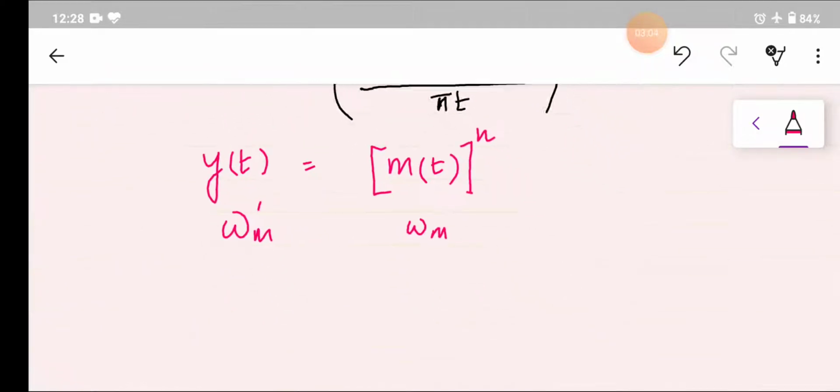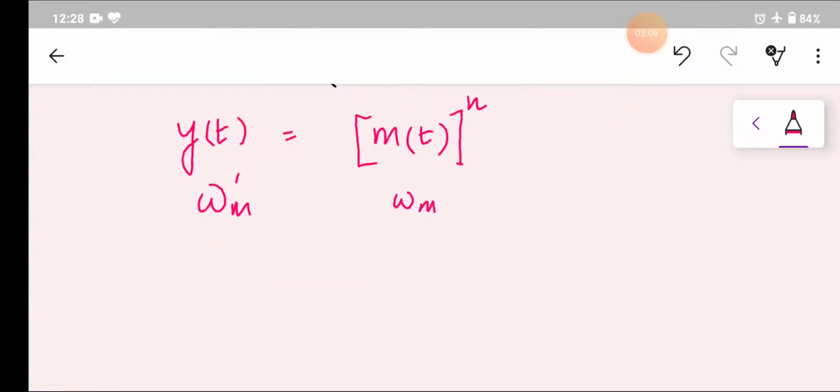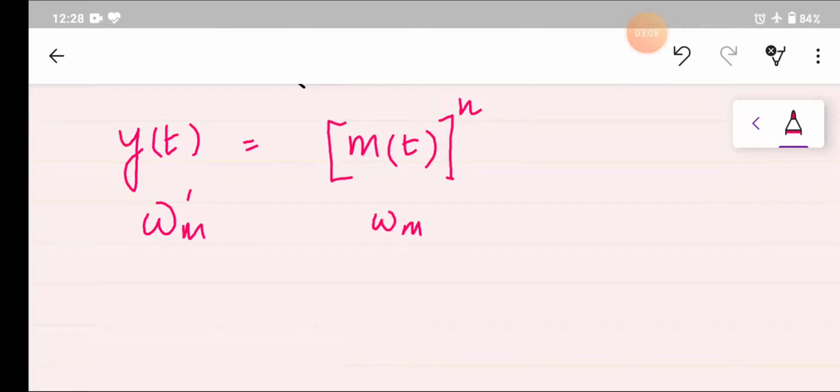Okay, so omega m dash will become n multiplied by omega m.